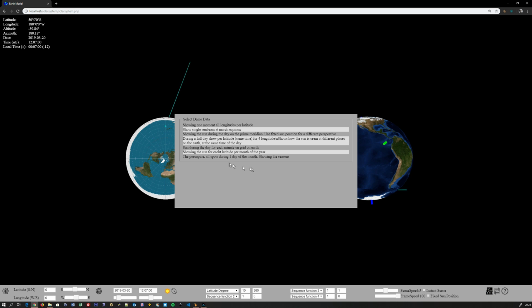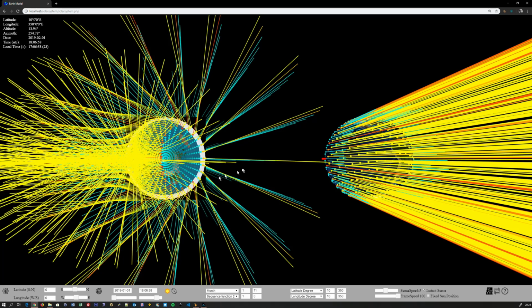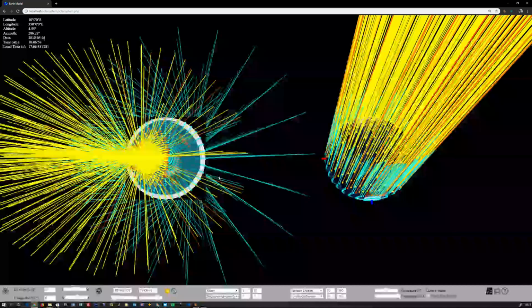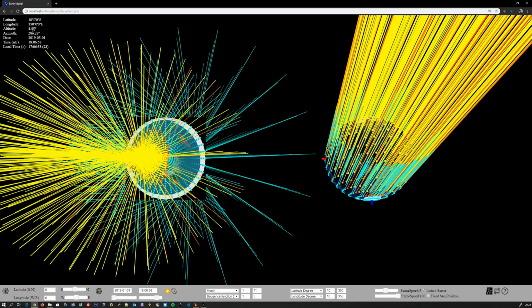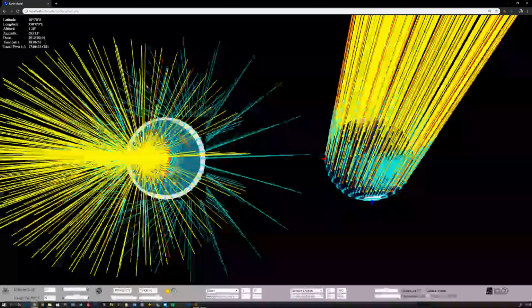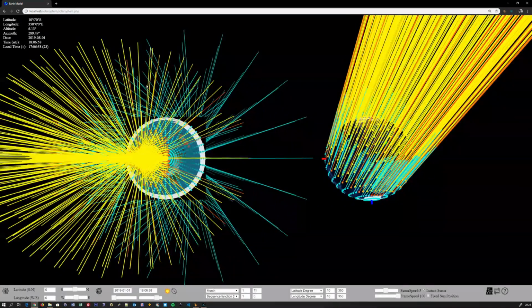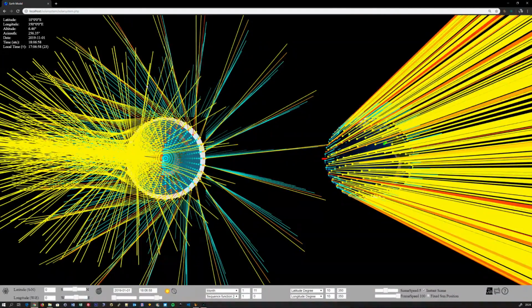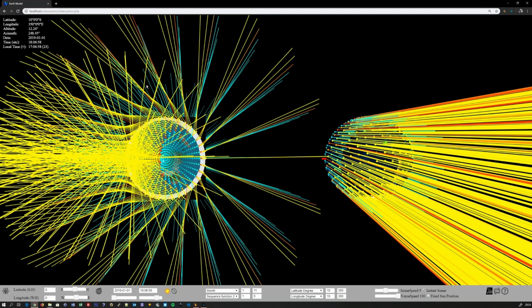I call this the porcupine spots during 1 day of the month, and it's showing the seasons. It's a full picture. So it's May, and the next scene it will be June, July, etc. And it's January again. So in January there's a wide outspread of the sun at this time. It's 6 o'clock UTC.